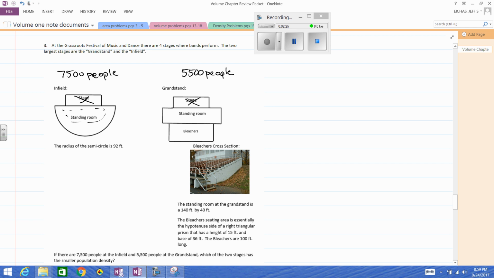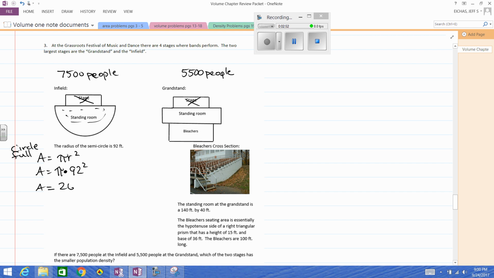Okay, so what I'm going to do is first the area of a full circle, which is pi r squared. We'll calculate that, and then of course at the end we will cut that in half. So what we have is 92 pi. You're going to want to just go ahead and type that in. 92 squared times pi.